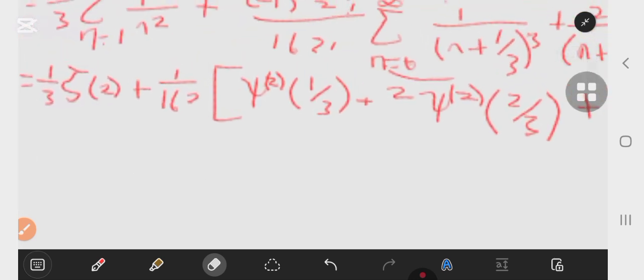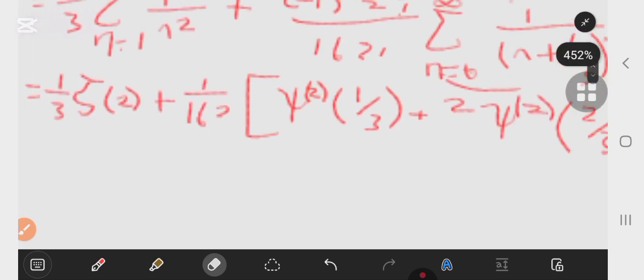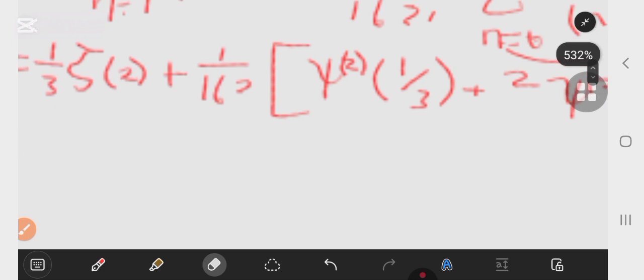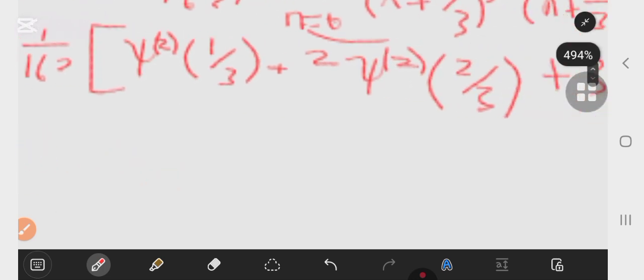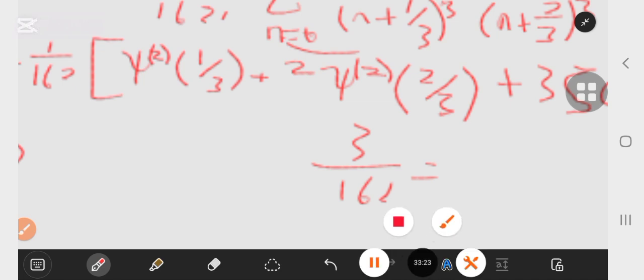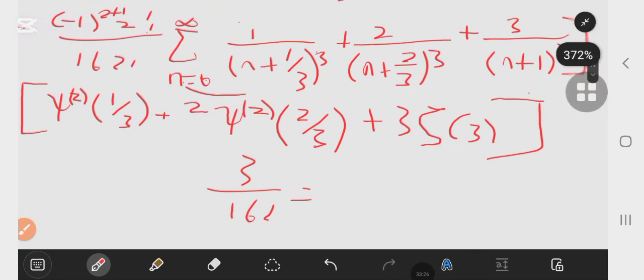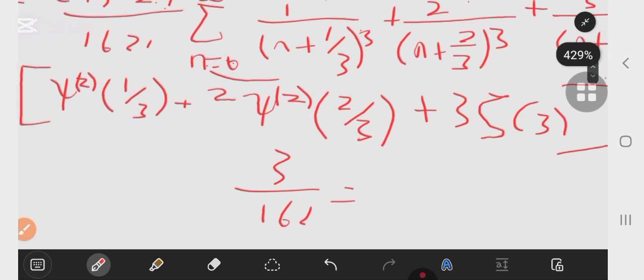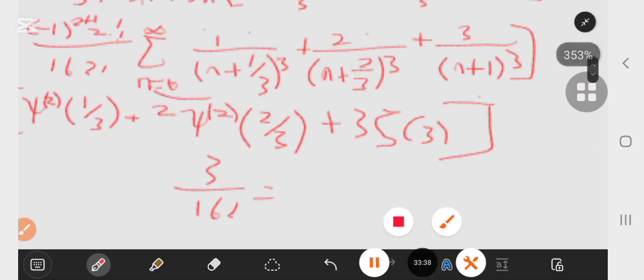So from here, this is 1/3 zeta 2, then 3/162 is equivalent to... oh, something happened here. I only used 2 factorial for these ones, but for zeta 3 it is not supposed to obey that same law.